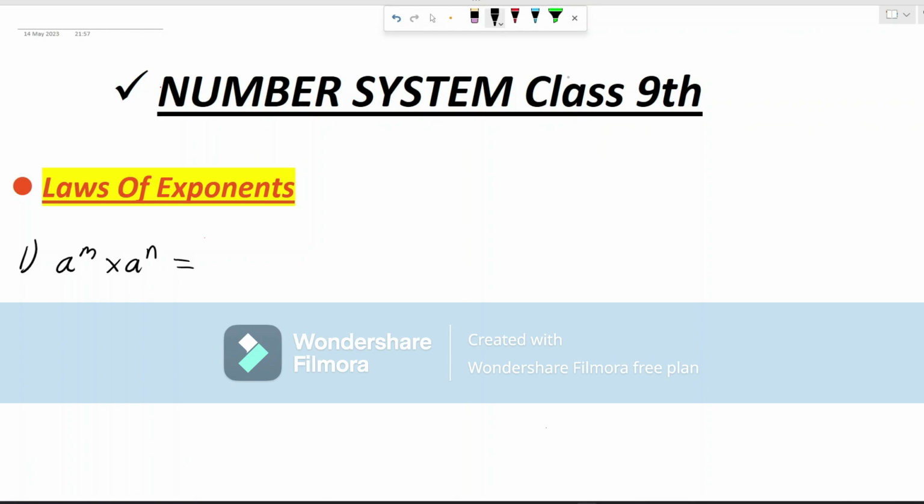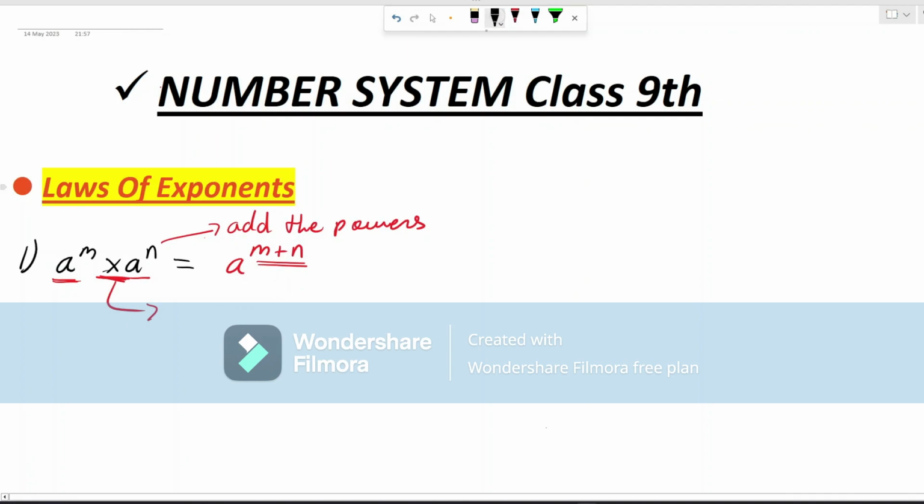Now if it is a multiplication sign, especially if it is a multiplication sign, and also the bases are the same, then you need to add the powers. So a taking it common, m plus n. Okay, this is the step.